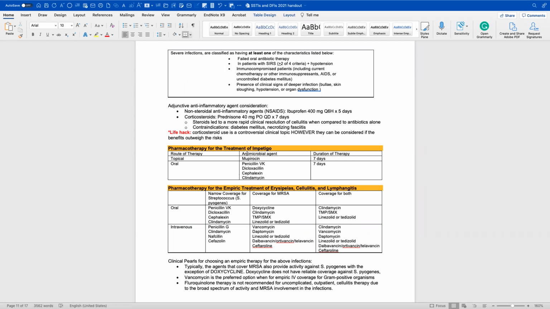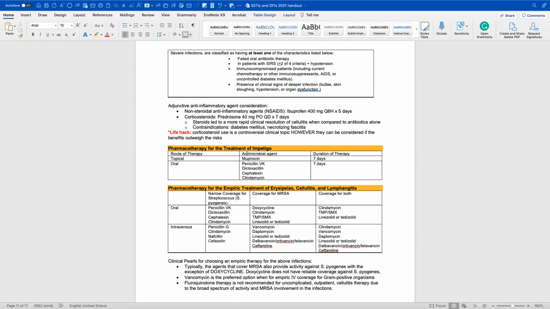We'll go into more detail about this in the lecture, but do not ever forget, if you can count on one test question in any area of your life for the rest of your life as a pharmacist, penicillin is the most narrow agent for streptococcus. So for orally, we can use these agents that have activity against streptococcus.